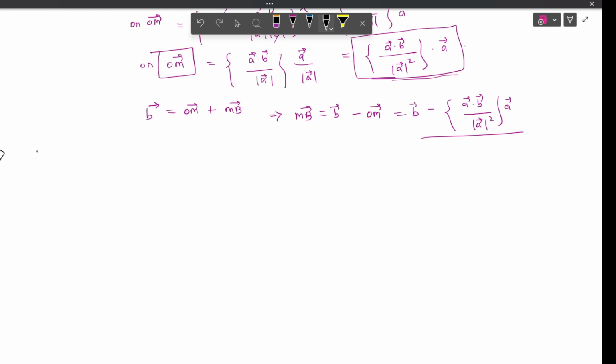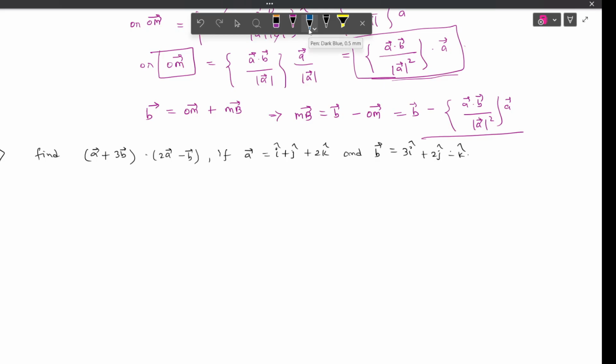Our first question is, find A plus 3B vector dot 2A vector minus B vector, if A vector is i cap plus j cap plus 2k cap and B vector is 3i cap plus 2j cap minus k cap. So let's find the solution.